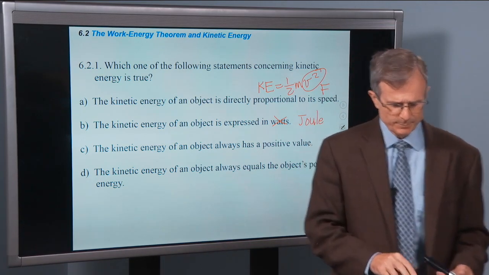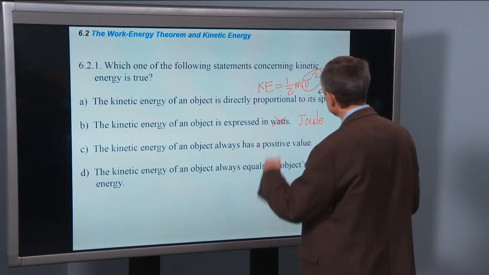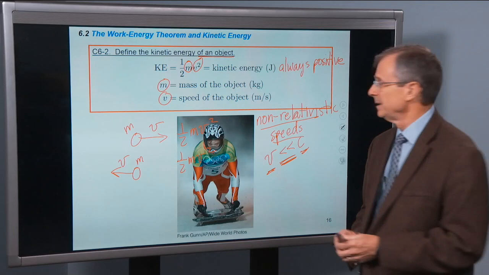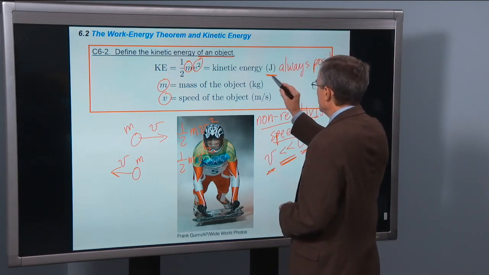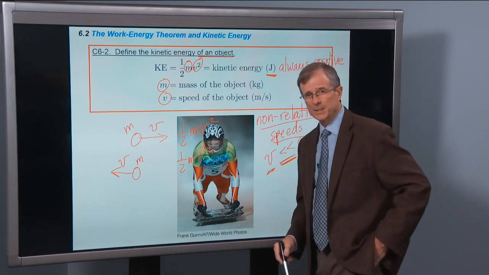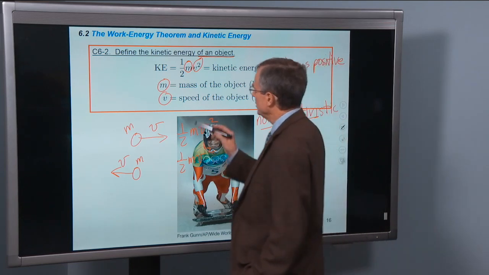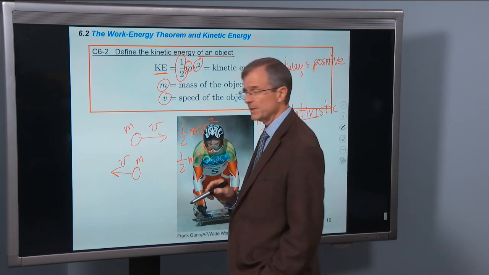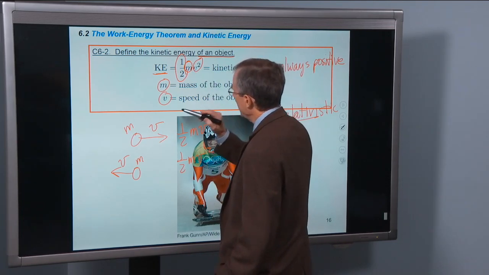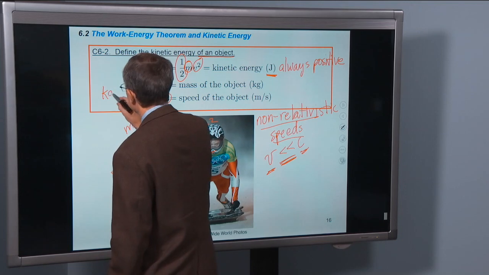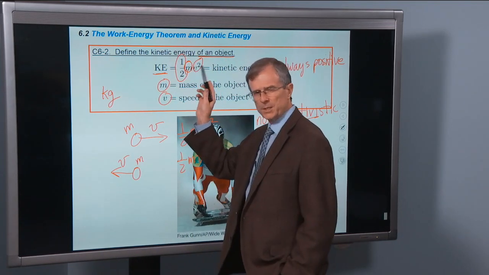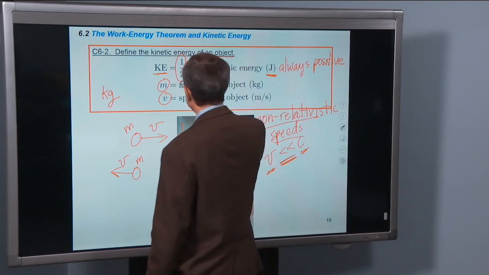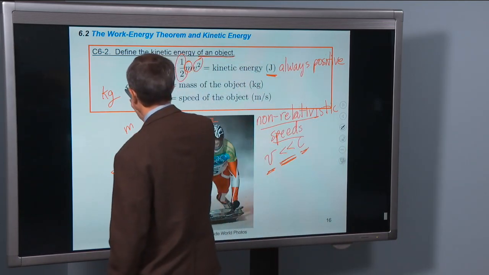Let's prove that. I think I actually mentioned that this kinetic energy is measured in joules, but I didn't prove it. Let's prove it. What are the units of kinetic energy? Well, 1/2 doesn't have any units. It's just a pure number. Mass is measured in kilograms. Velocity, or speed, is measured in meters per second. But we have to square those units, because velocity is squared.